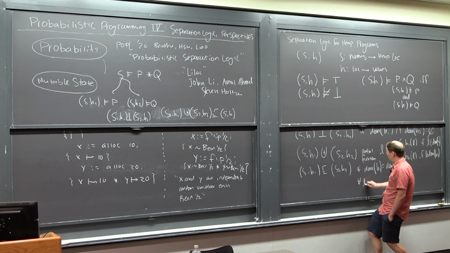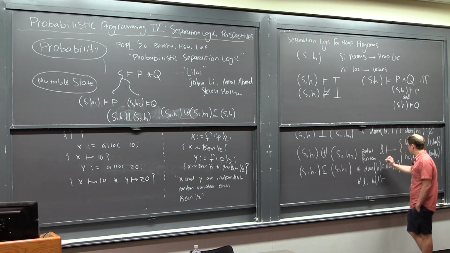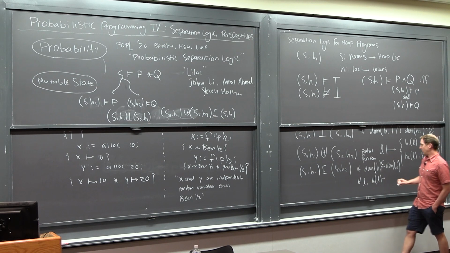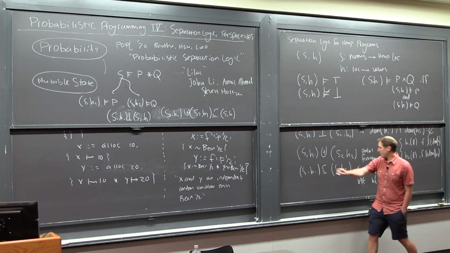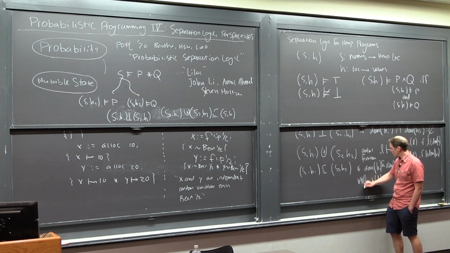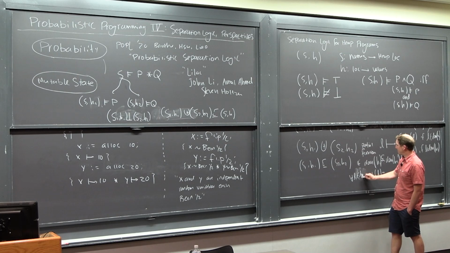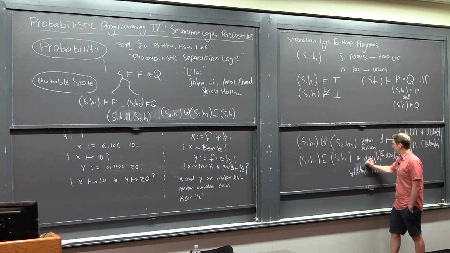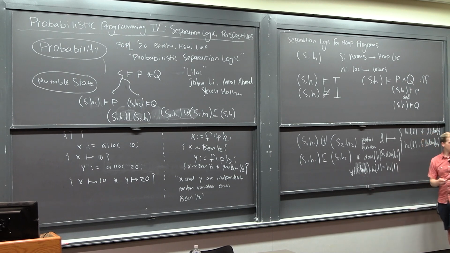For all locations L1 in the smaller one, L1 in the domain of H1, we have that H1 of L is equal to H2 of L. Okay, this is just saying the natural notion of subheap, right, is that for everything in the smaller one, they agree, right?